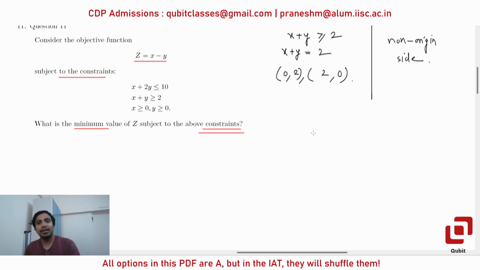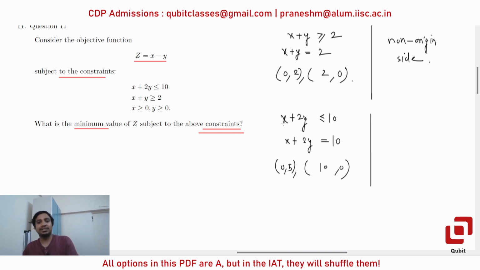Now let's come to x plus 2y less than or equal to 10. Convert it to an equation so that we can draw a line: x 0, y 5; y 0, x 10. If you substitute the coordinates of the origin, 0 plus 2 into 0 is 0, which is less than 10, so we get the origin side for this.